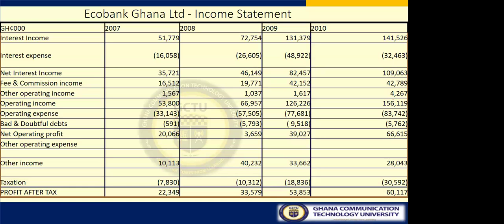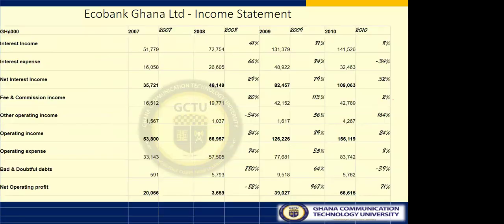So interest income: comparing 2007 and 2008, we've seen that there has been a 41% increase. And then in 2010, it has increased by the next year, that's 81%. Are we following?